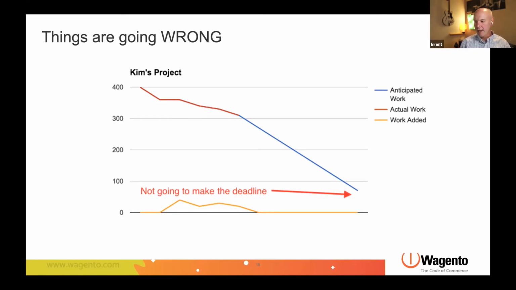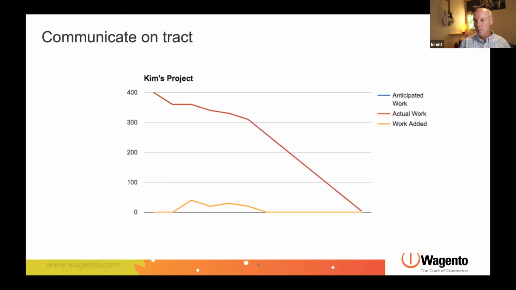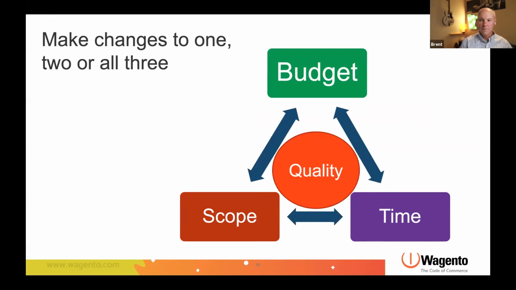So if we go back and think about those 3 different boxes we have, we are going to be able to adjust the scope, and we can see now, because we've adjusted the scope, the project will finish in the time we'd like it to finish. So any of the 3 items that we have can change. They can't change disproportionately, or the middle piece that we have there, quality, is going to suffer.